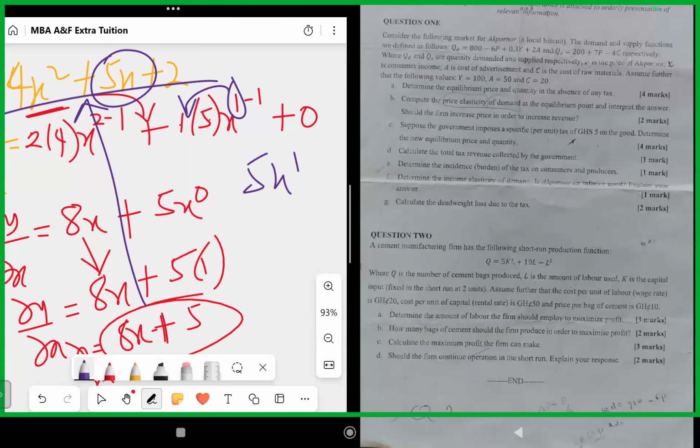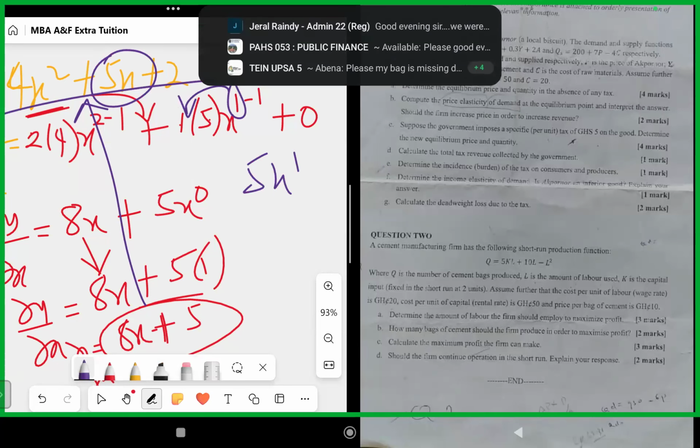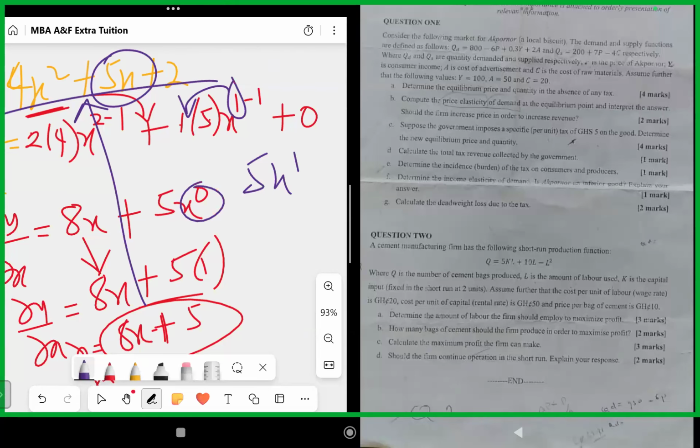It can't be 0, because whenever the exponent is 0 it will change to 1, but it's not 0. So whenever the exponent of the variable is 1, as in 5x, the derivative is the coefficient. Here, because it is 5x, the final derivative was the coefficient.